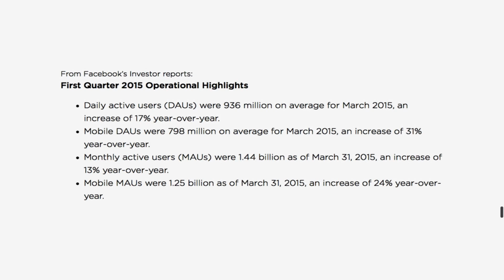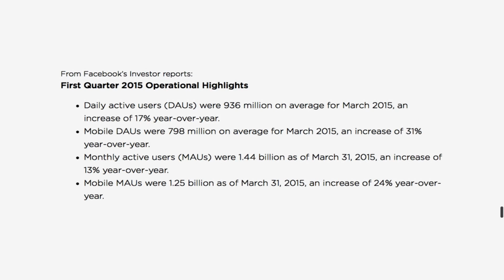So not only do I want you to take a look at these numbers, 936 million, 798 million, 1.44 billion, 1.25 billion, those numbers are staggering. But another very important number to look at, and that businesses care a lot about, is the rate of change. And I have told you that each one of these indicators is increasing basically exponentially.